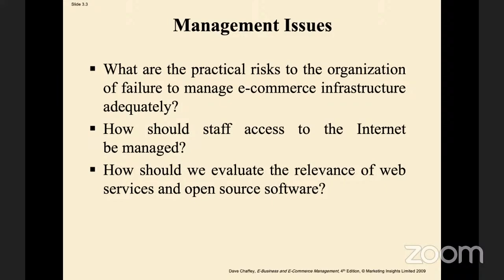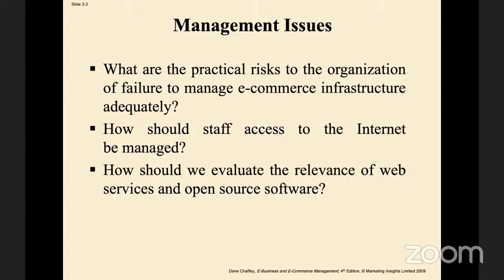Now let's start again. As we started in the last session of digital business, what are the management issues? Number one, what are the practical risks to the organization of failure to manage e-commerce infrastructure adequately? There are certain types of risks and opportunities for every organization, whether it is doing business in the conventional market or the digital market. So we have to look into the risk here.